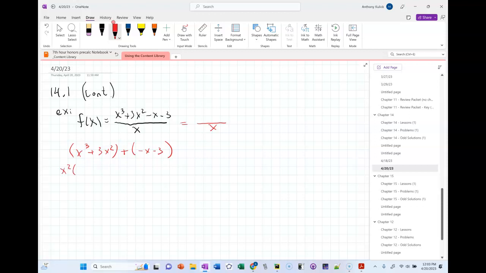From the first group, I can take out a greatest common factor of x squared. From the second group, I can take out a greatest common factor of -1. From there, the x plus 3's are the same, so those can act as a greatest common factor. So when I factor that out, I'm left with x squared minus 1.